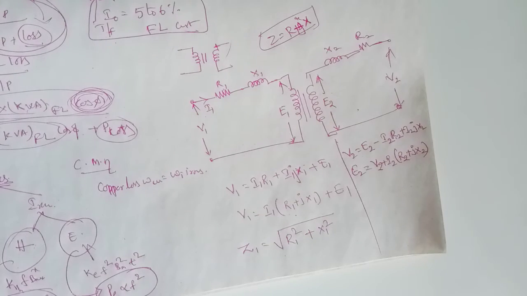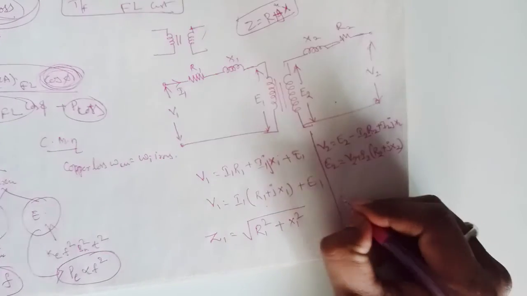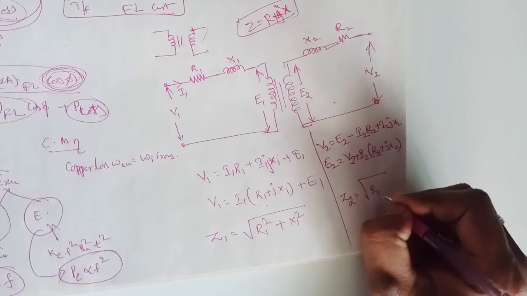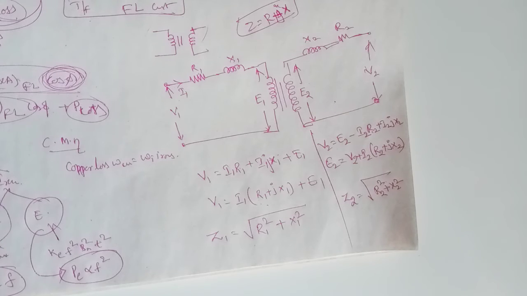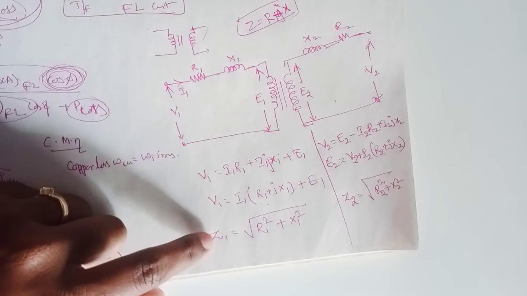This is the formula for the impedance of the primary winding. Likewise, the impedance of the secondary winding is Z2 = square root of R2 squared plus X2 squared.